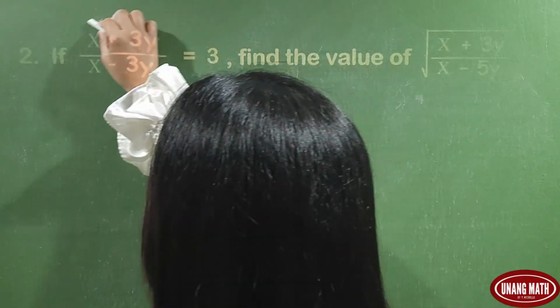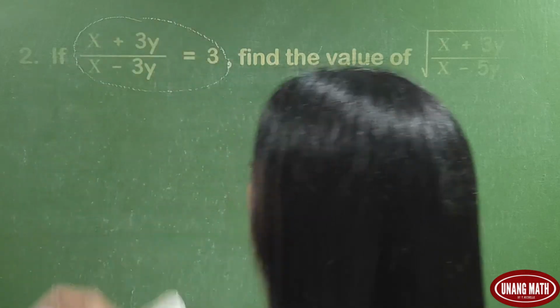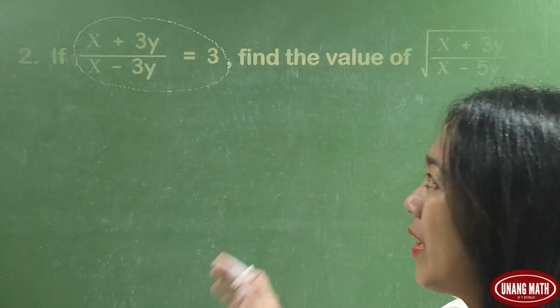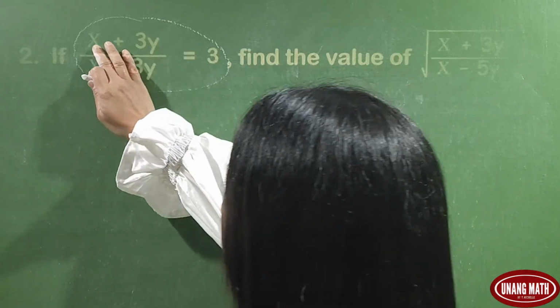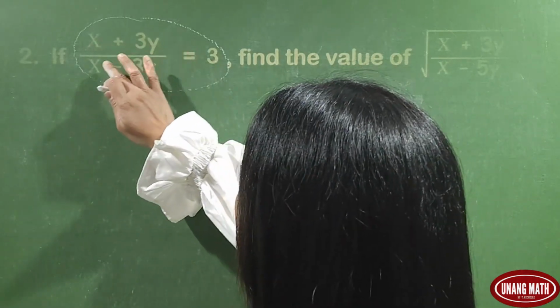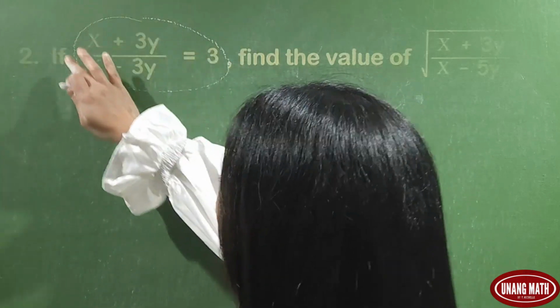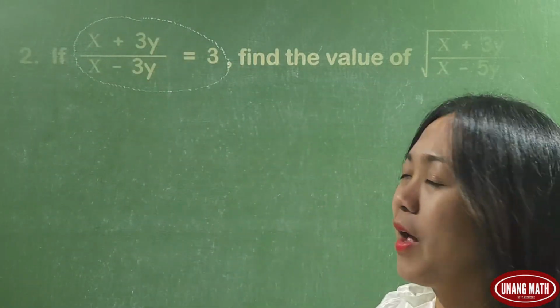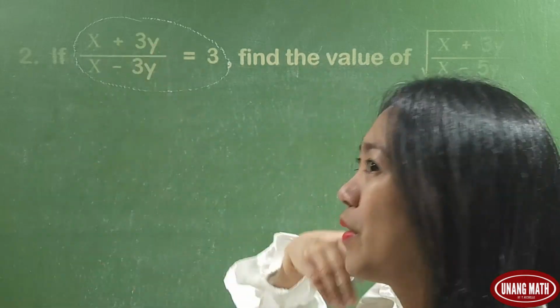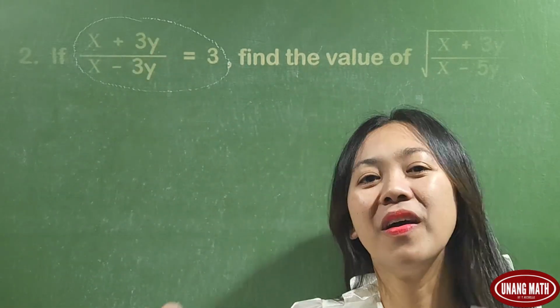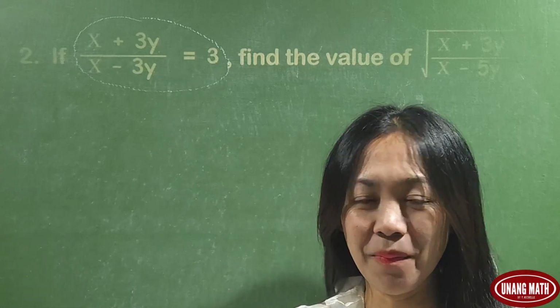If you're going to take a look at this equation, we cannot actually find the values of variables x and y because this is just one equation. But even though we cannot find the values of x and y, we can know their relationship.